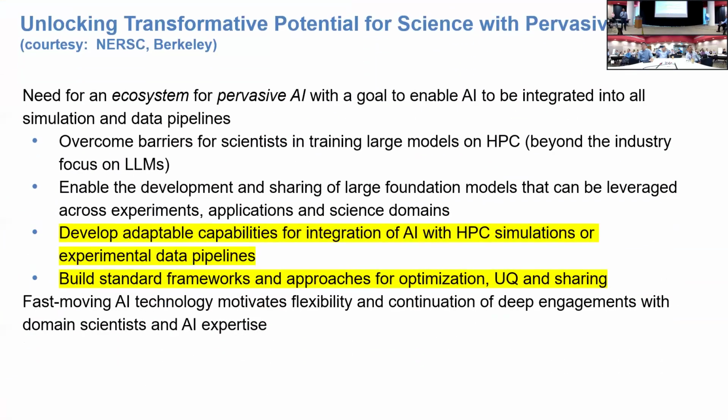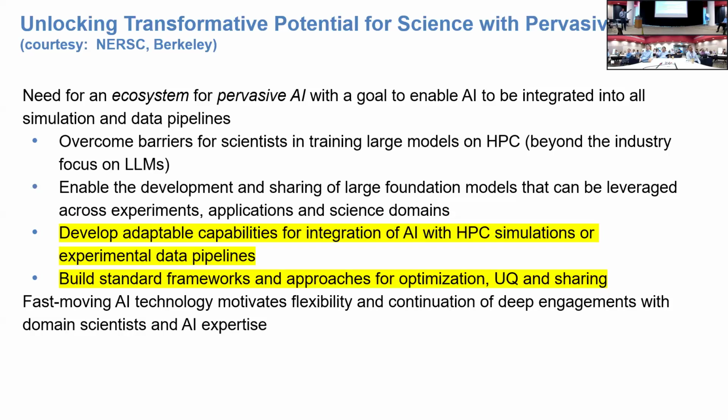Let's see. One of the key points, I think, came in from one of the NSERC slides that was presented a couple of days ago. The point they make is to have the transformative potential for science with pervasive AI. A lot of it is going to depend upon rapid capability for integration of AI with HPC simulations, especially when data scarcity is there and data is expensive.